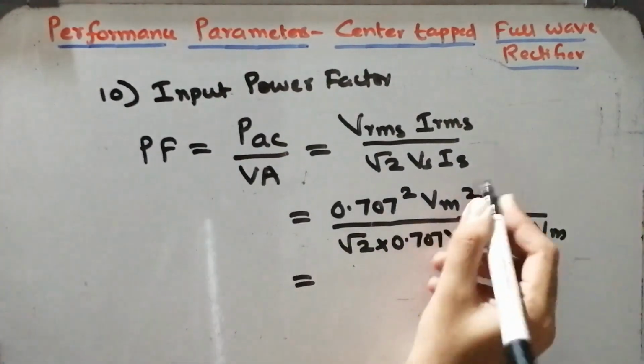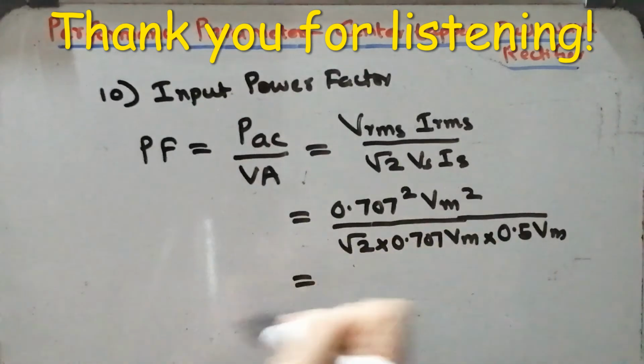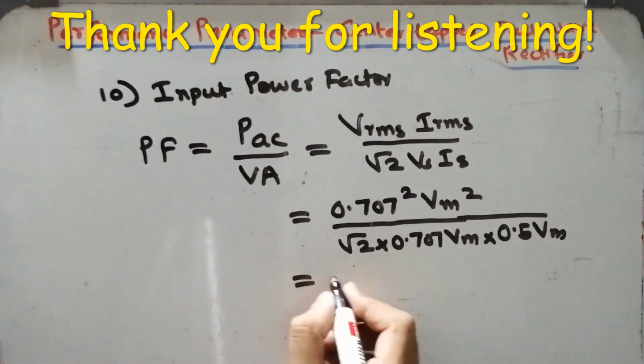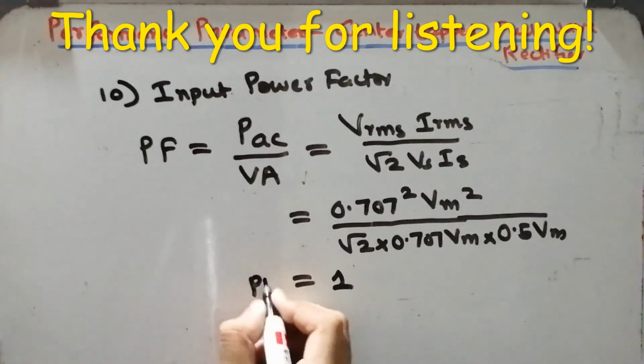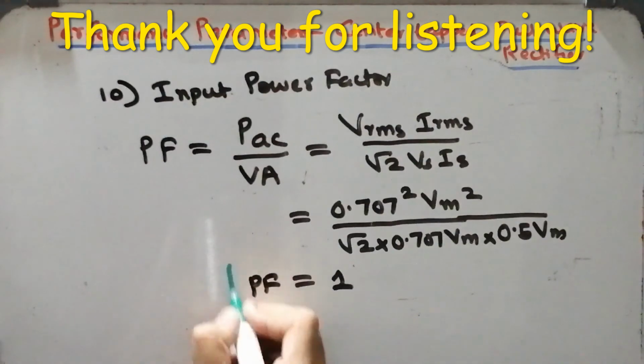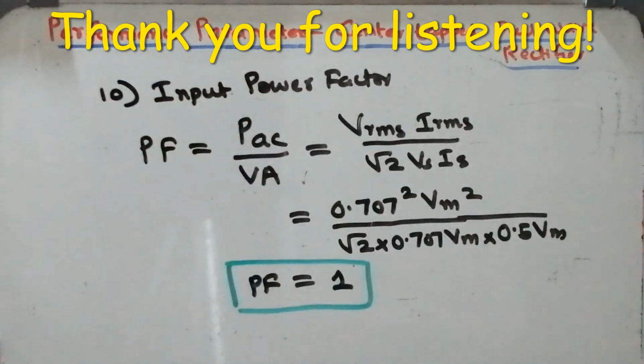Vm times Vm means Vm square. Vm square and Vm square get cancelled, so the result will be 1. So the input power factor of the center tapped full wave rectifier using a resistive load is equal to 1.